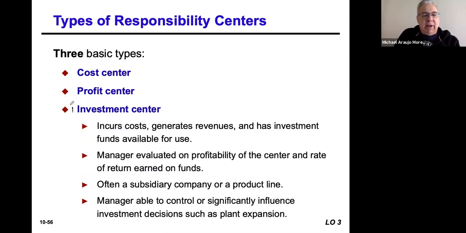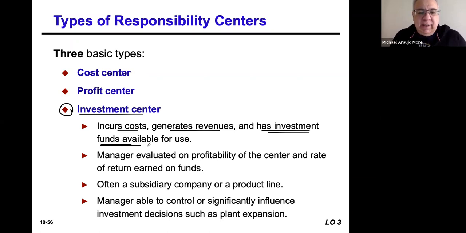And then we'll be looking at something called an investment center. An investment center is a little bit different than a profit and cost center, although technically it does incur costs like a cost center and does generate revenue like a profit center. However, their main focus is looking for various investment opportunities for the company to grow.